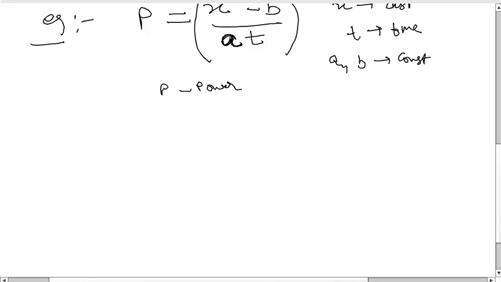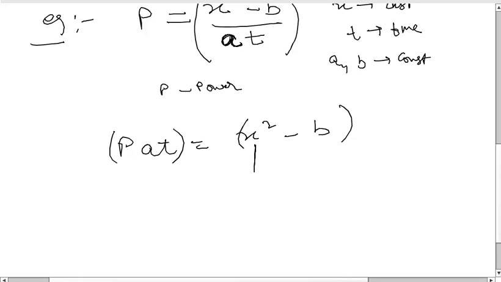Okay, let us solve it. We can write it as P into AT is equal to x square minus B. As we said, first of all we'll approach by this term. Why? Because every term should have the same dimensions, and there is some unknown in this term and some unknown in this term, but we know the dimensions of this term.